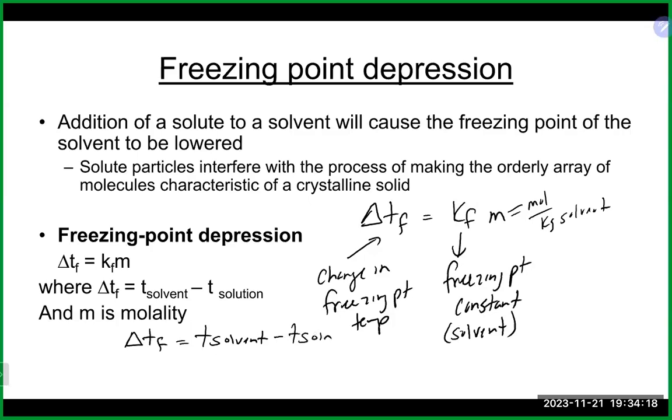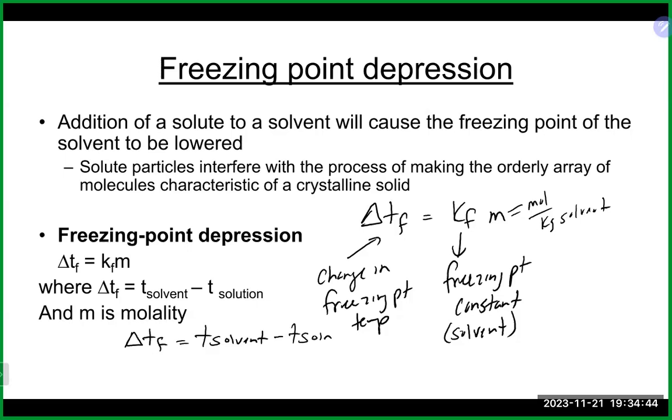You want to do solvent minus solution to give you the change in freezing point temperature, and that will give you the proper positive sign. So you want to always do, in this case, solvent minus solution with freezing point. And we'll see some examples of what that entails in just a second. Any questions on that?